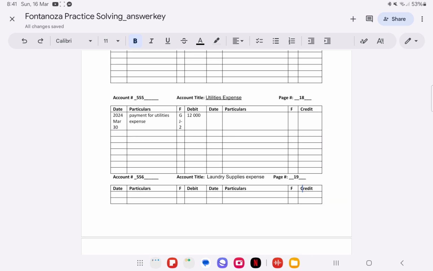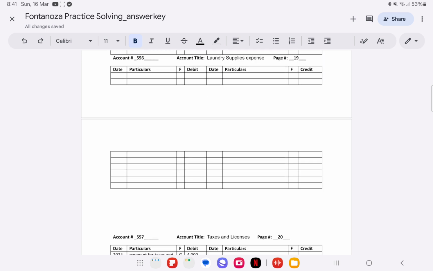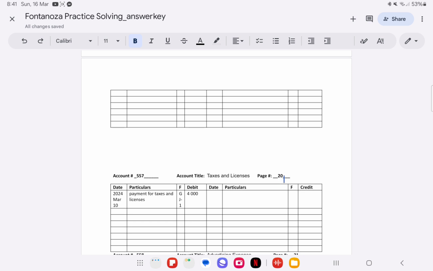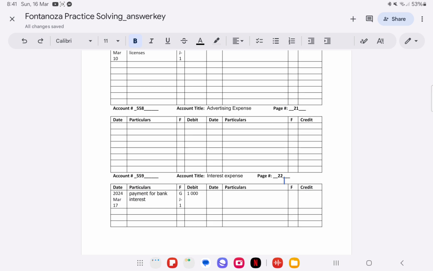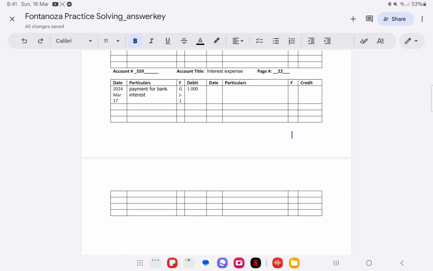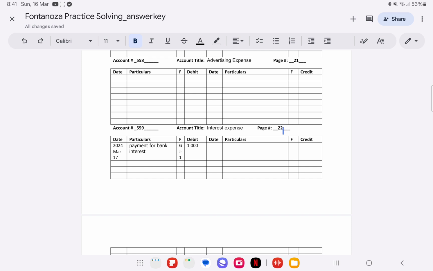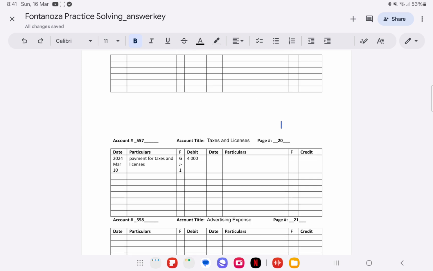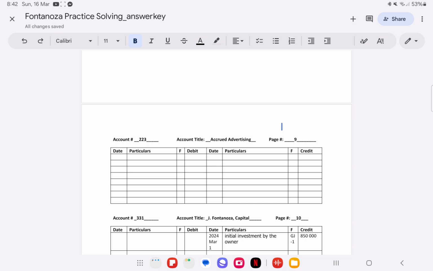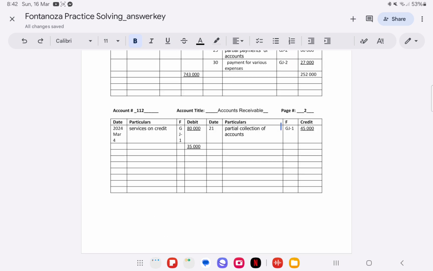So we need to determine how many accounting titles were used in this transaction. We have page 22, so we have 22 accounting titles. You're going to check how many accounting titles are given by the chart of accounts.